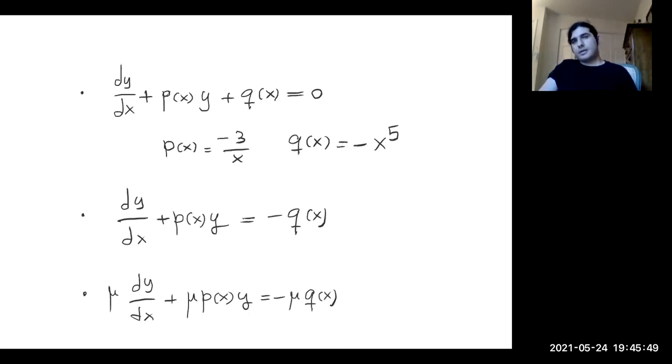Now I'm hoping to be able to use the product rule. Therefore, I want this thing to be equal to y d mu dx plus mu dy dx.